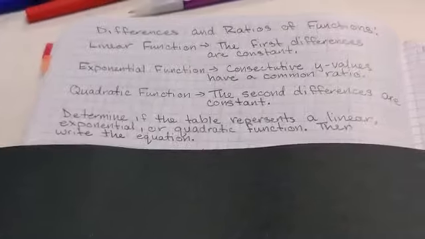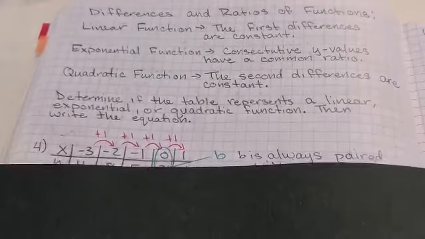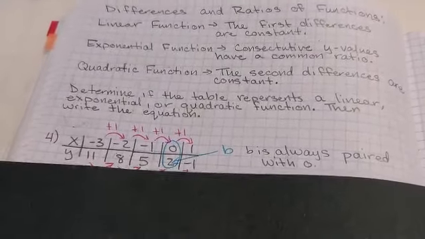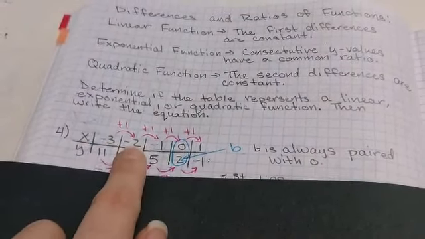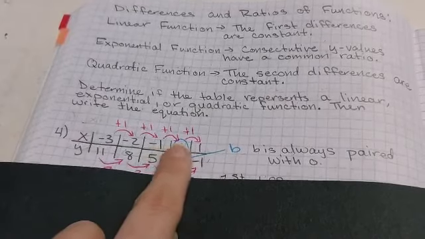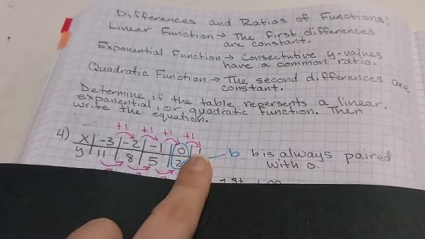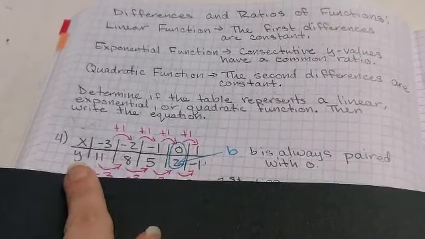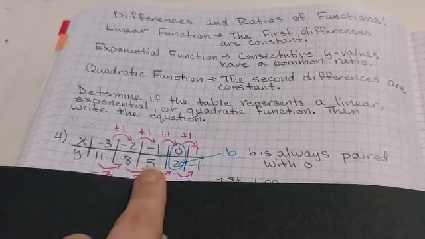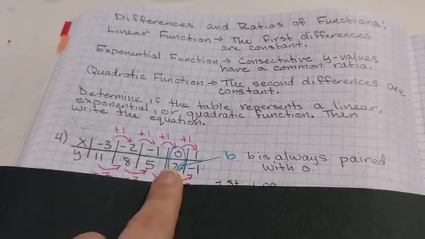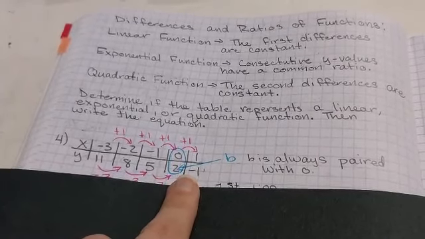We already looked at examples 1, 2, and 3, so this is going to be example 4. All we have right here is x is -3, -2, -1, 0, and 1. Y is 11, 8, 5, 2, and -1.